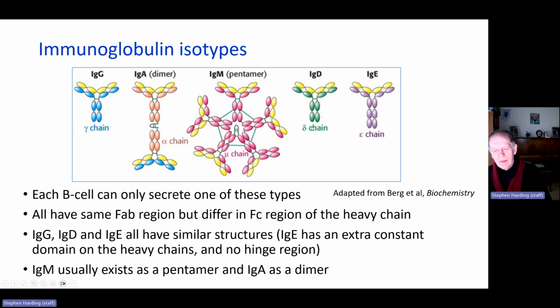IgD, delta chains. And E is epsilon, these are epsilon chains. And each B cell can only secrete one of these types. So all have the same Fab region, but differ in the Fc region of the heavy chain.